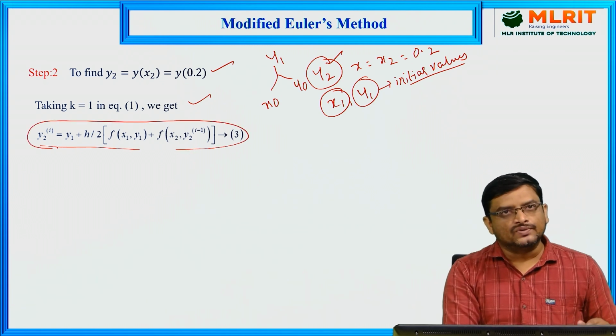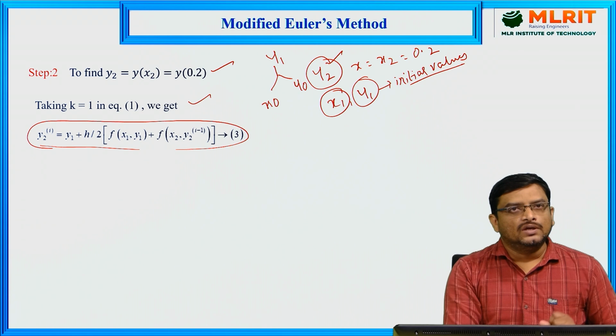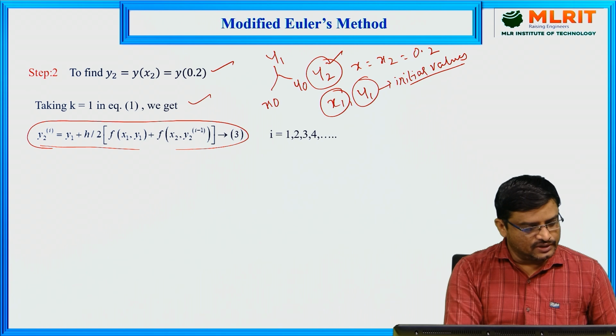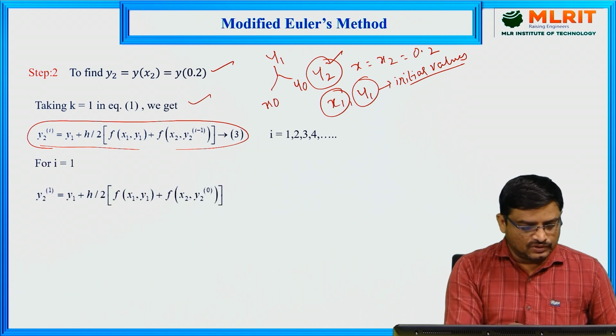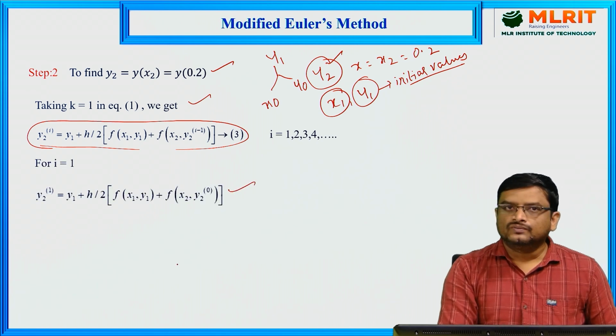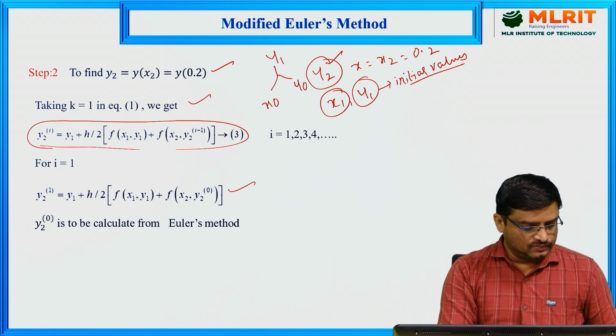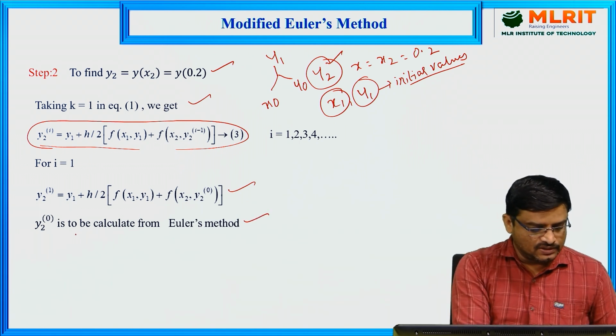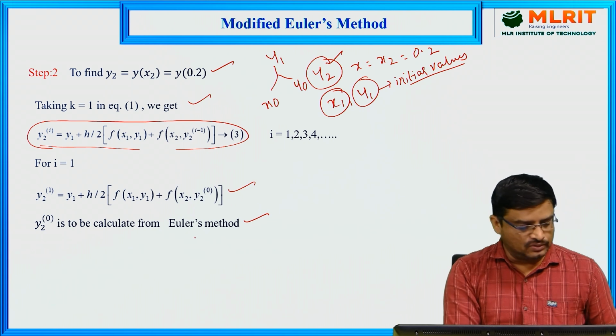Follow the same procedure. First you find out the initial approximation of y2 by using Euler's method. This is the formula to find out the first approximation of y2. The initial approximation is to be calculated by using Euler's method.